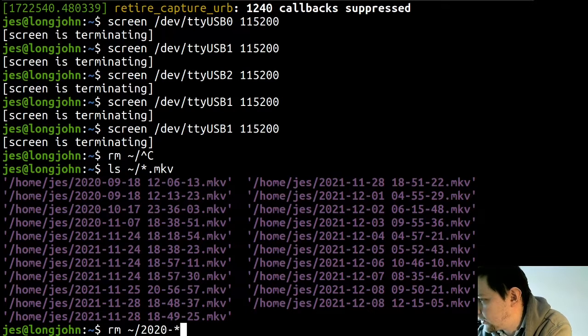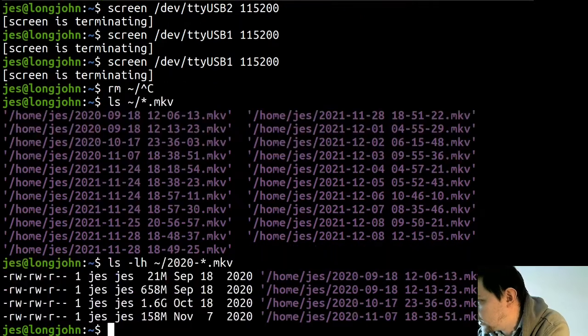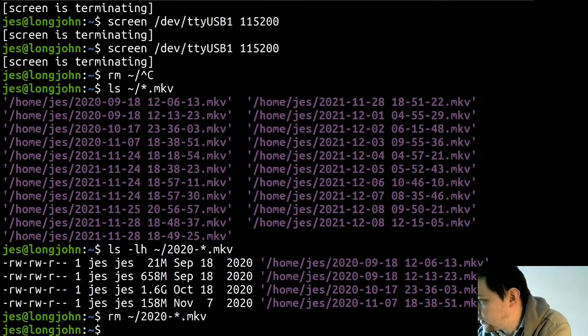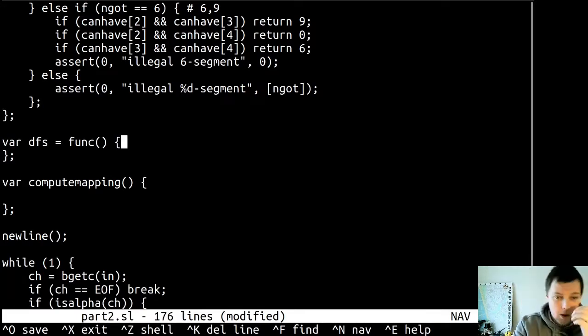Well, the 2020 ones, let's get rid of. How big are they? Yeah, that'll be good. And then redraw. Okay.